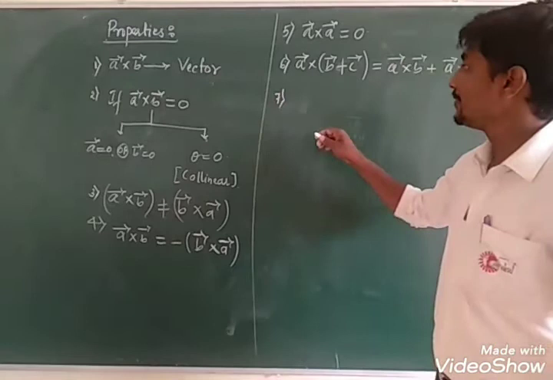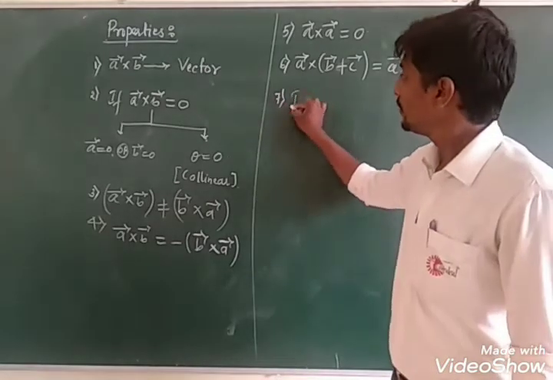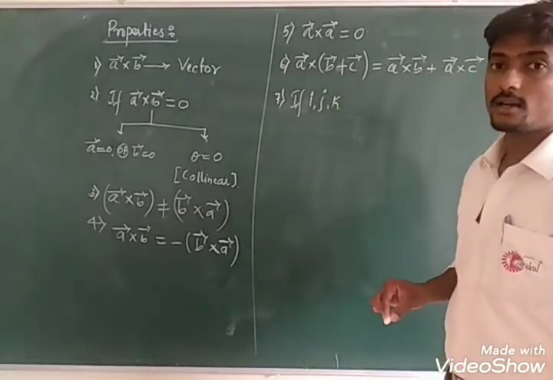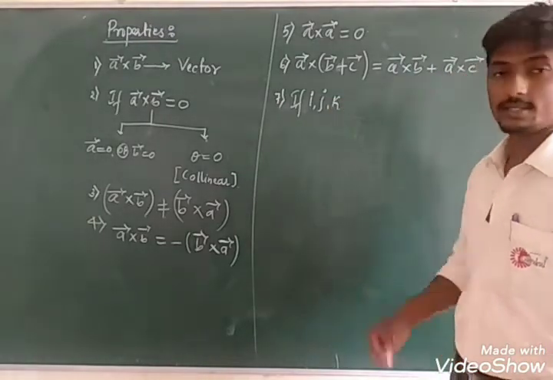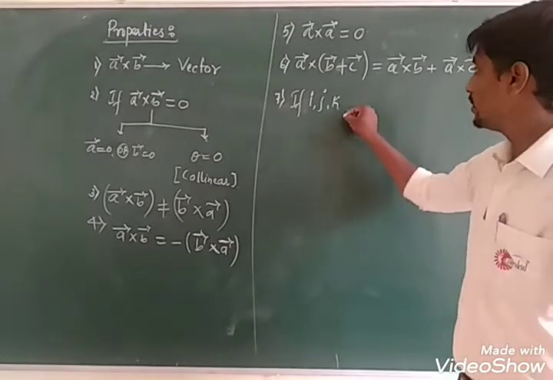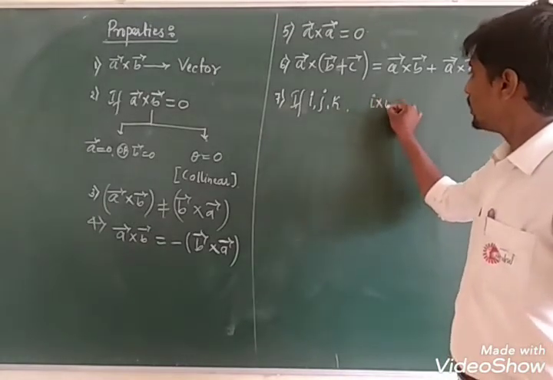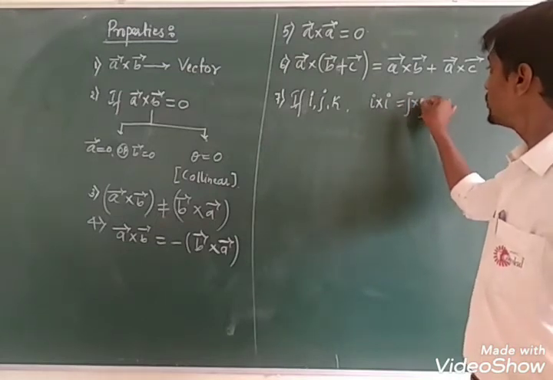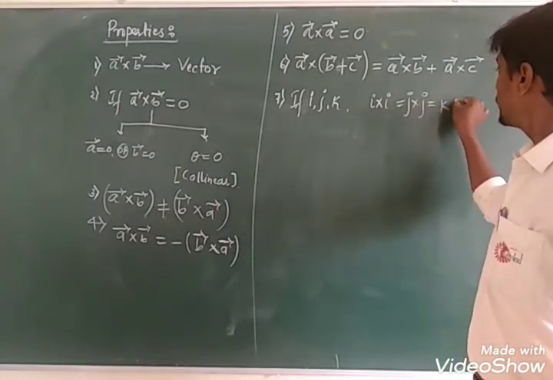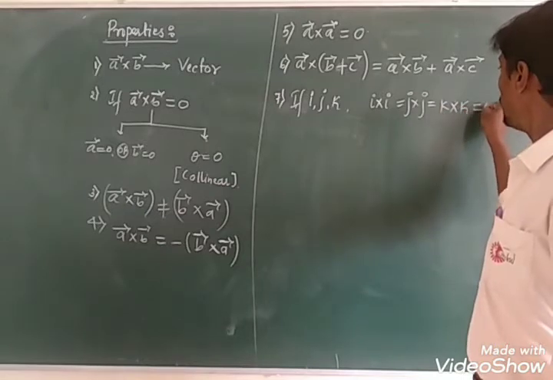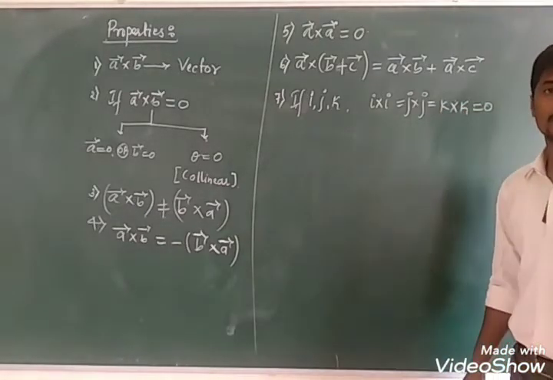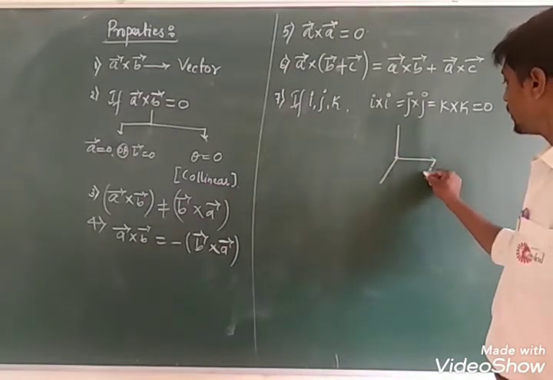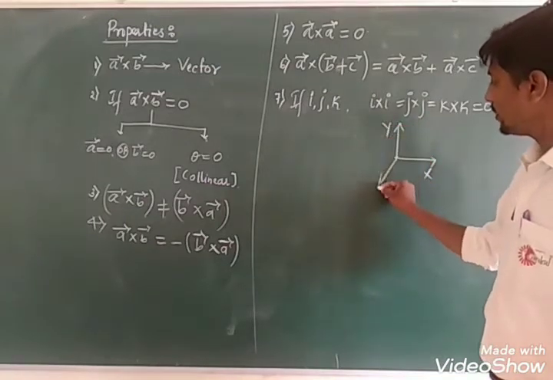Seventh one: if I, J and K are the unit vectors in the direction of the x, y, z axes, then I cross I, J cross J and K cross K are all equal to 0. Look, this is x, y and this is z.